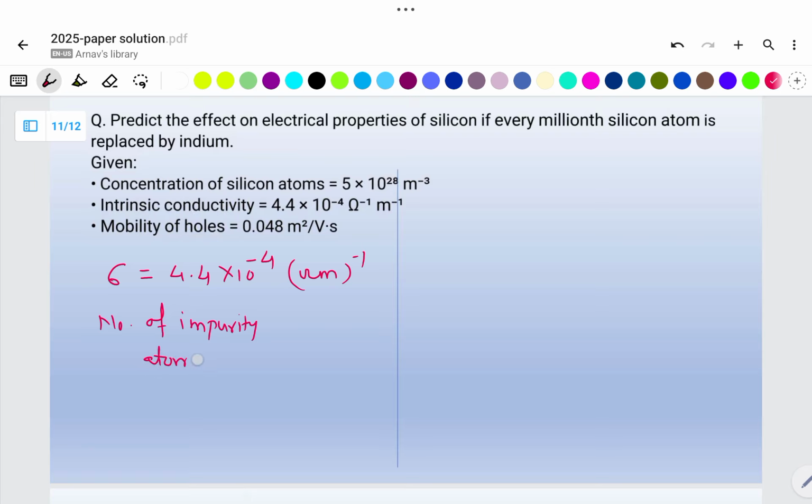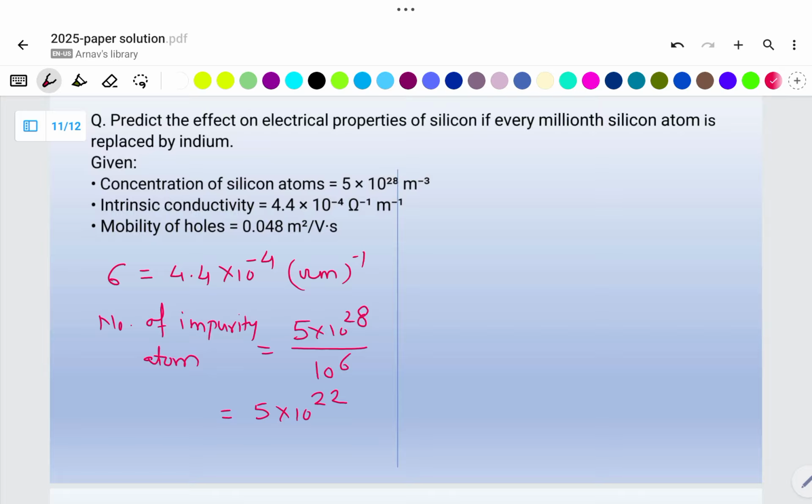We can find by dividing the concentration, which is 5 into 10 to 28, by 1 million, which is 10 to 6. So I can write this as 5 into 10 to 22.